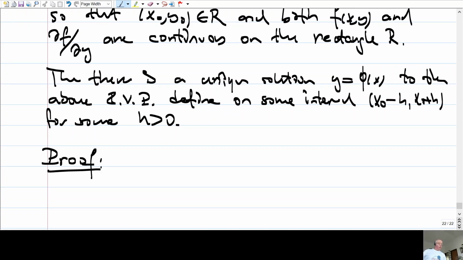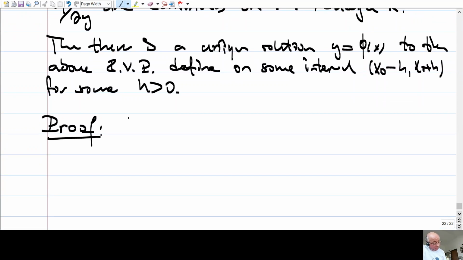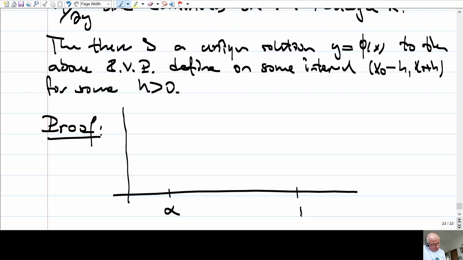First, look at this theorem. It tells us there is not much difference between this theorem and the theorem I stated for linear equations, but actually there is quite a big difference. Let me explain that. Here I have my interval alpha beta and interval gamma delta.